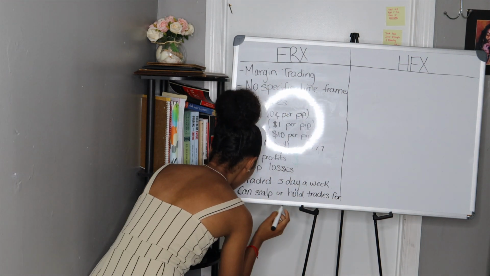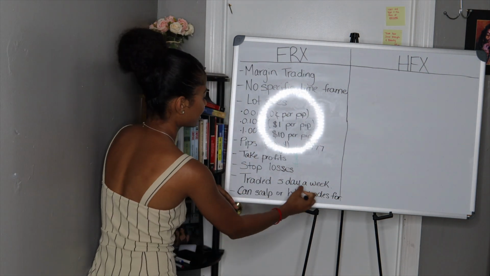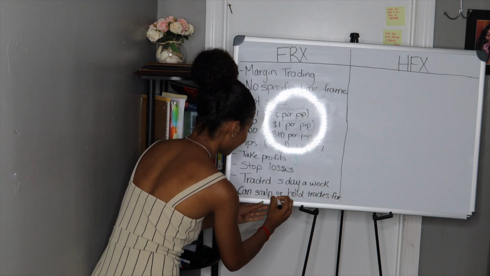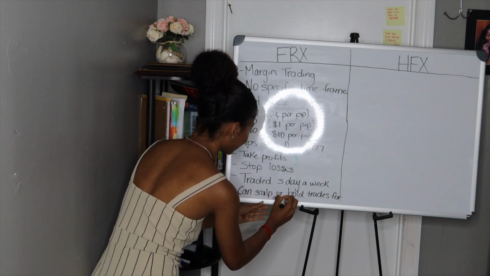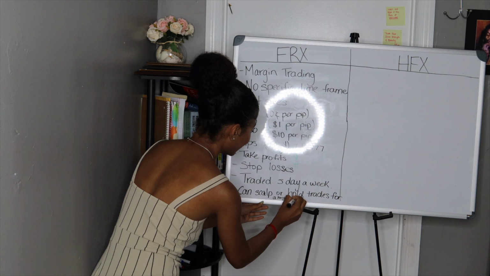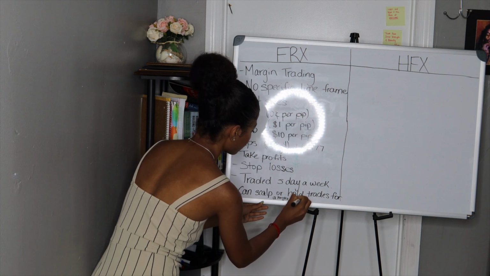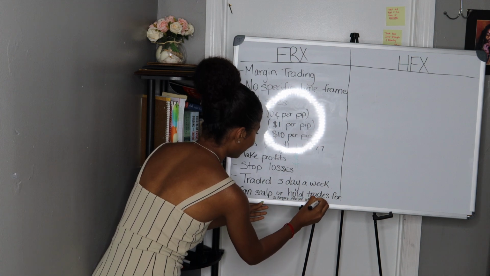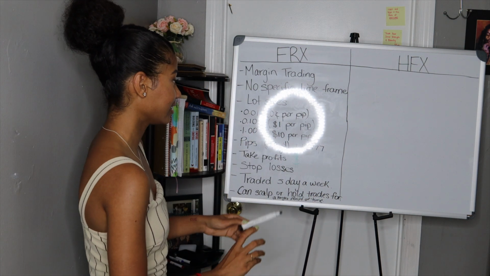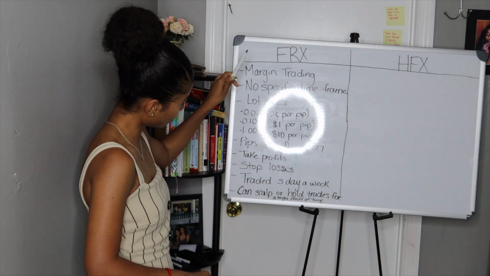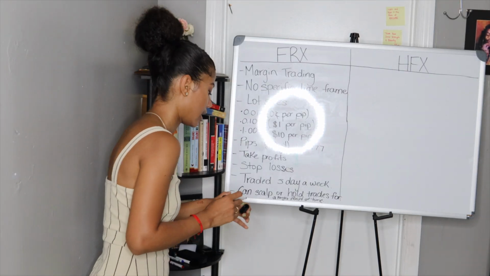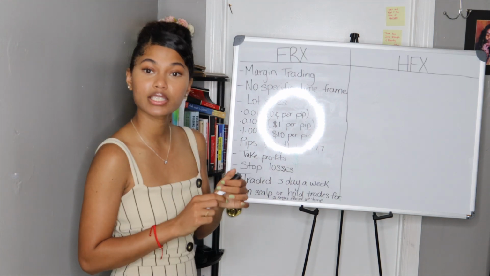I don't even have any more space. I definitely needed a way bigger whiteboard because I don't want to write too small that you guys can't see, but hopefully you can see.